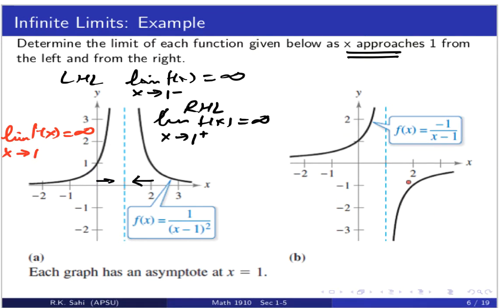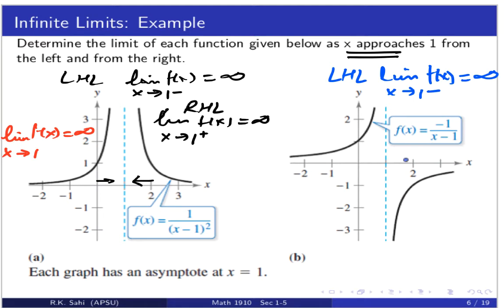Now, on the other hand, example B, what's happening here? When we look at the left-hand limit, that is the limit of the function f(x) as x approaches 1 minus, what's happening to the function here? It's increasing without bounds, so that means it's positive infinity.